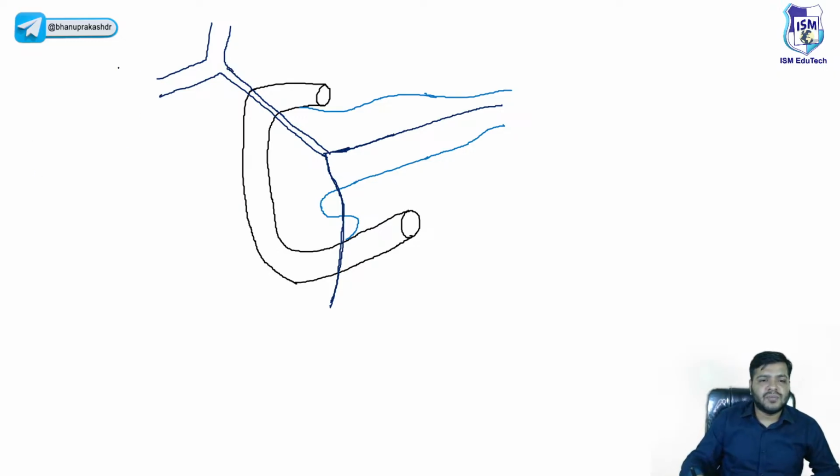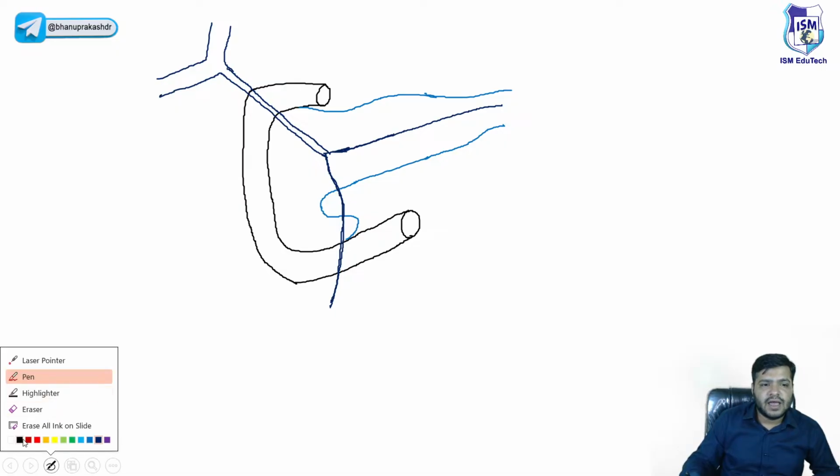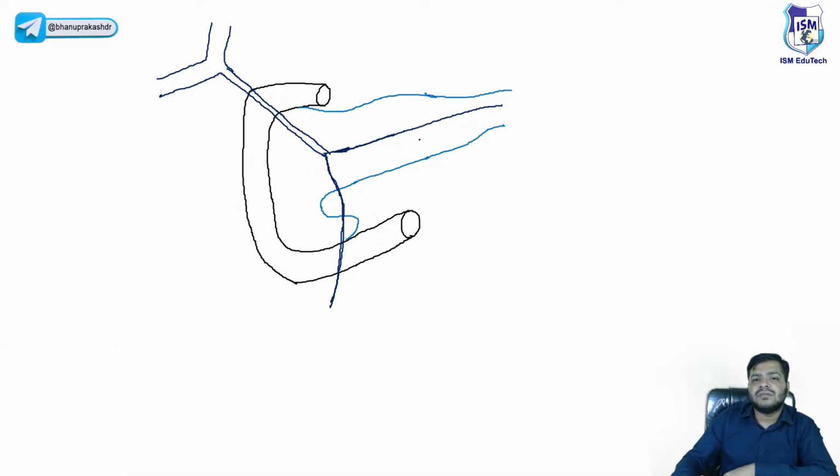Okay, so remember, if we have to mark the structures, this is the splenic vein that is passing behind.